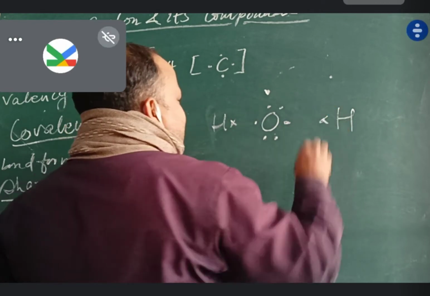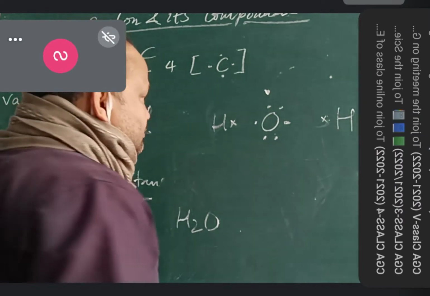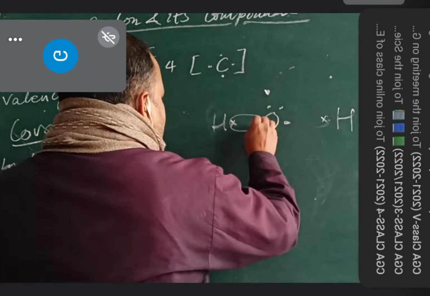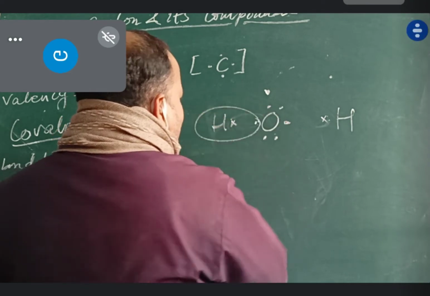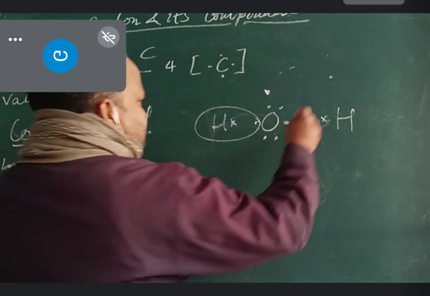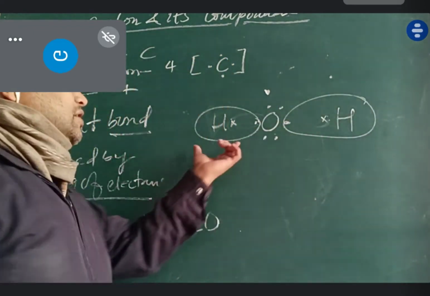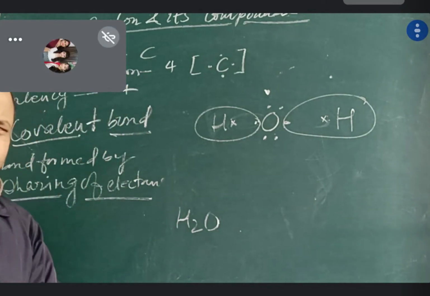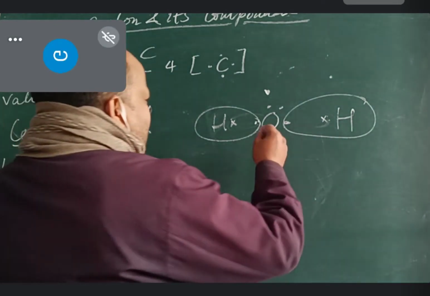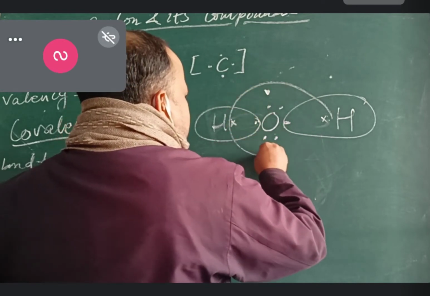What is the number of valence electrons in hydrogen? 1. Hydrogen will share like this, and like this. So for both hydrogens, the duet is complete or not? Yes. For oxygen, it will be like this.